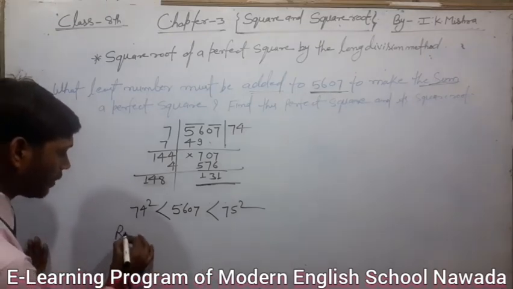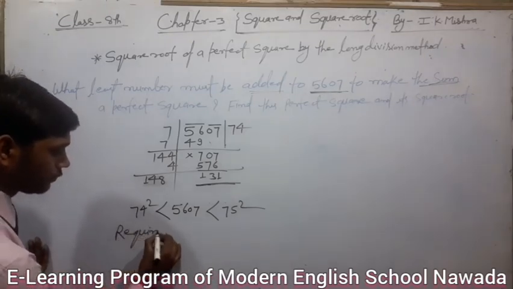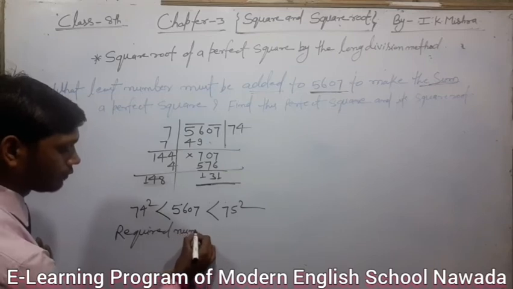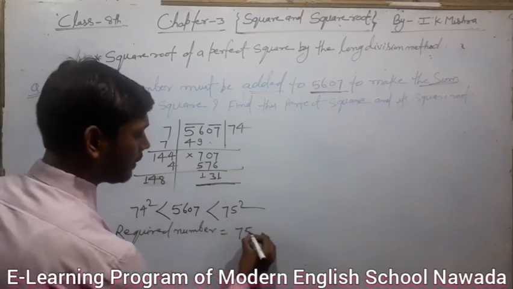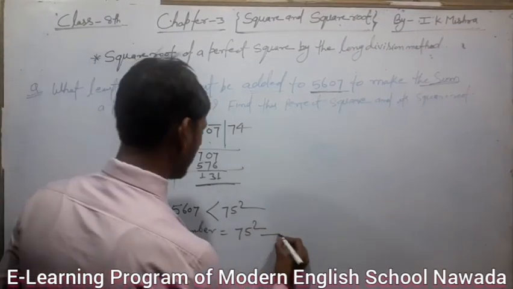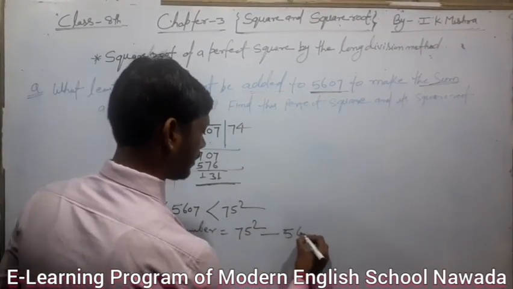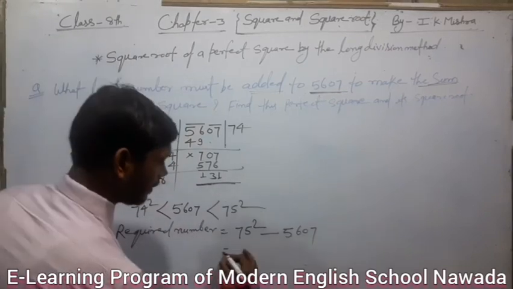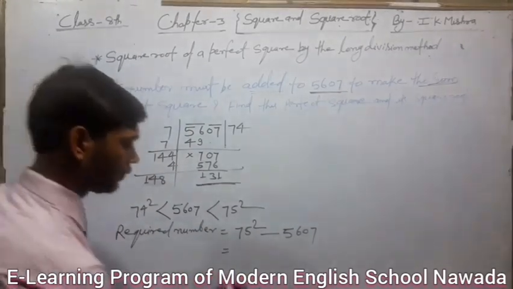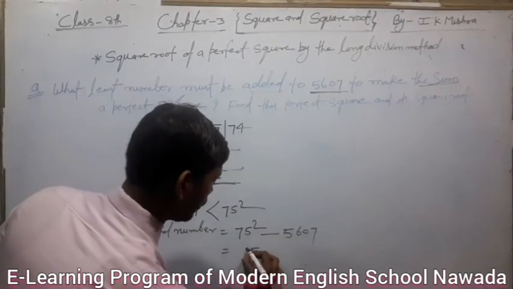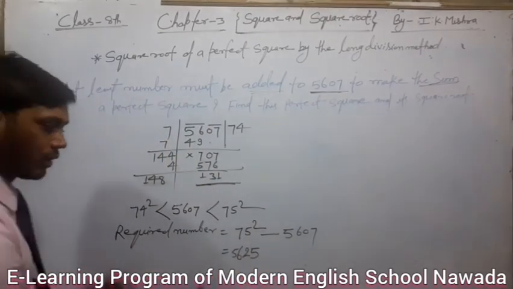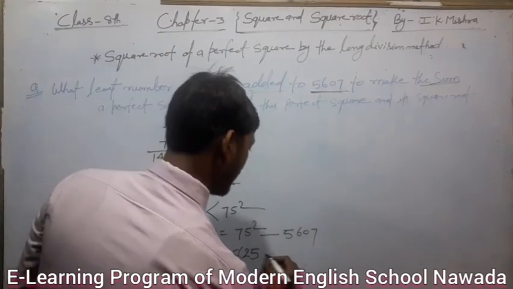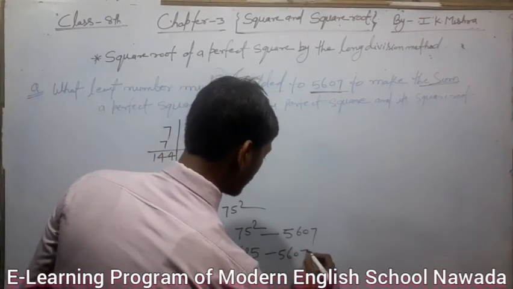So the required number is equal to 75 square minus 5607. Here 75 square is equal to 5625, and minus 5607.